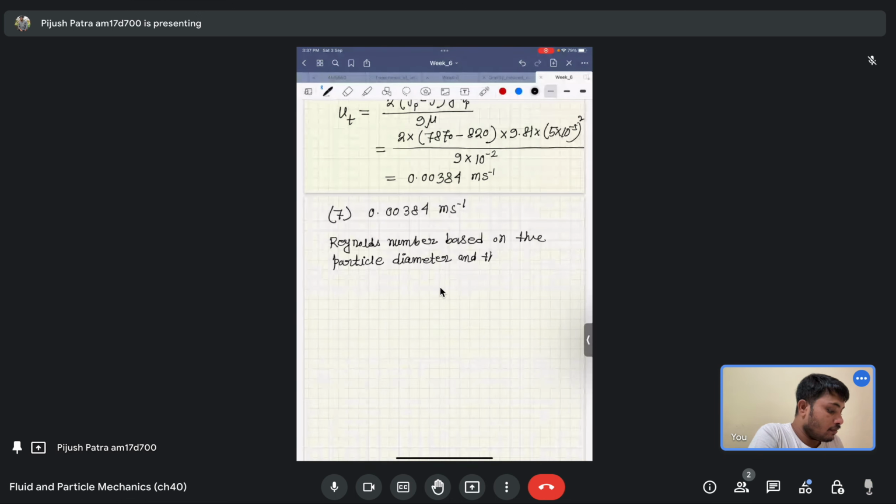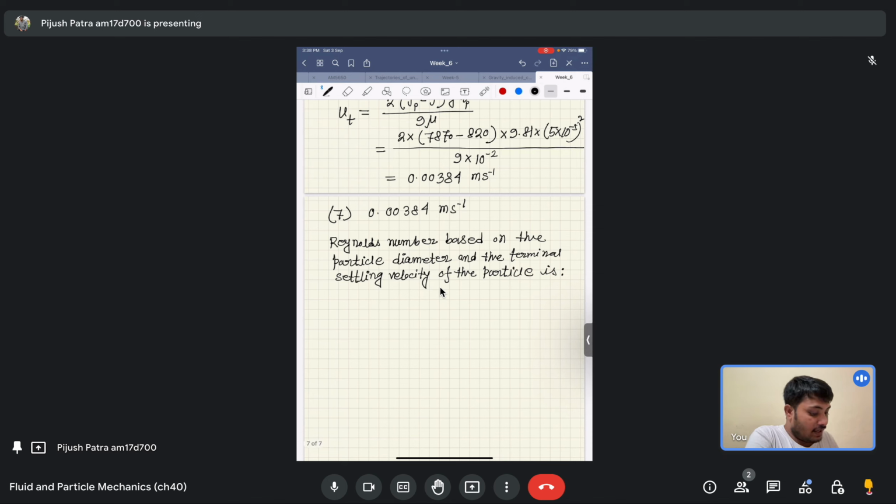So the Reynolds number based on the particle diameter and the terminal settling velocity of the particle is REP.